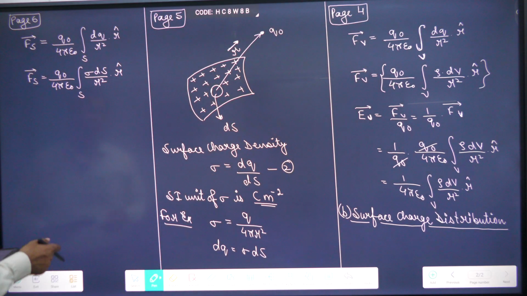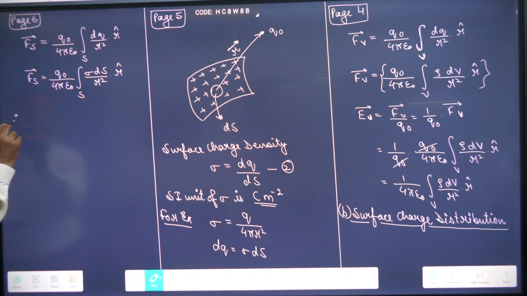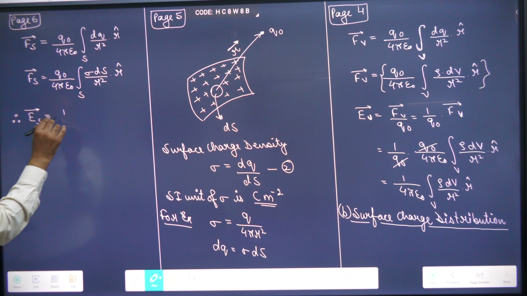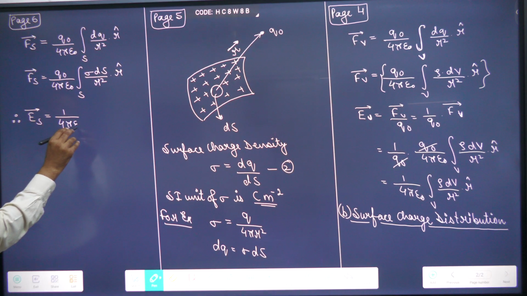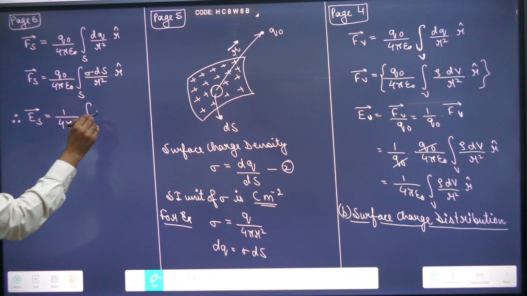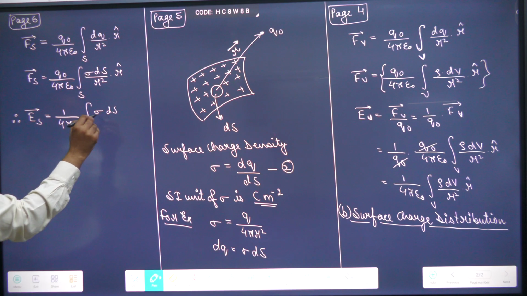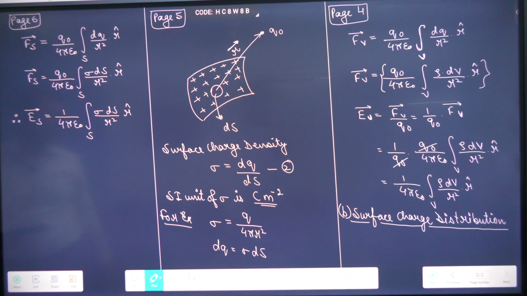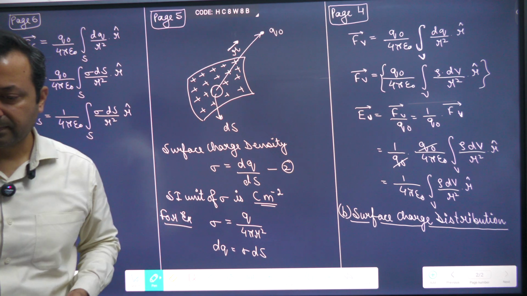Now the electric field due to a surface charge distribution will be 1 upon 4 pi epsilon naught, surface integral of sigma ds upon r square r cap. Simple. Is this clear to you, Anusha?